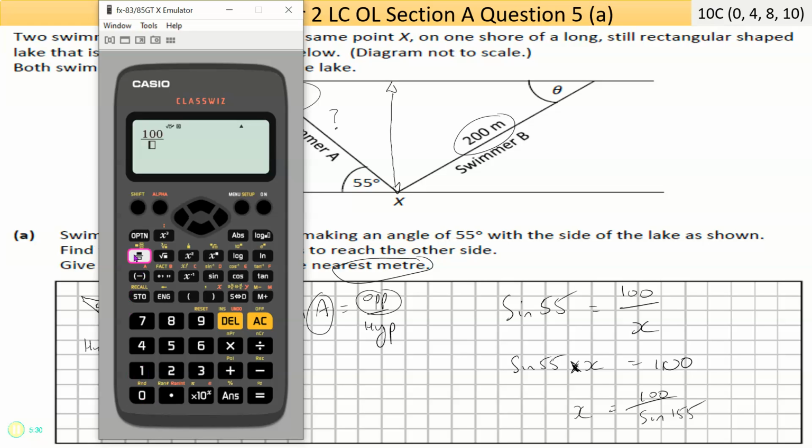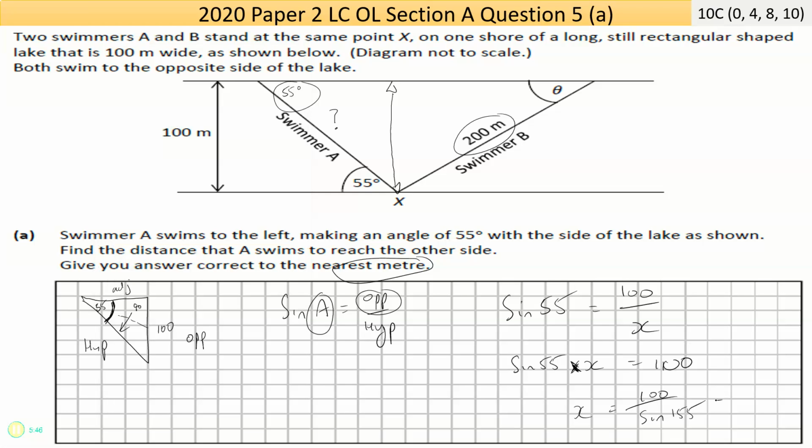So I can program the calculator with this. It's 100 divided by sine 55. I should make sure my calculator is set to degrees. It is. I was doing work in radians recently. Now, okay, I get 226.6. Okay, 236.6 to the nearest meter. That's 237 meters.